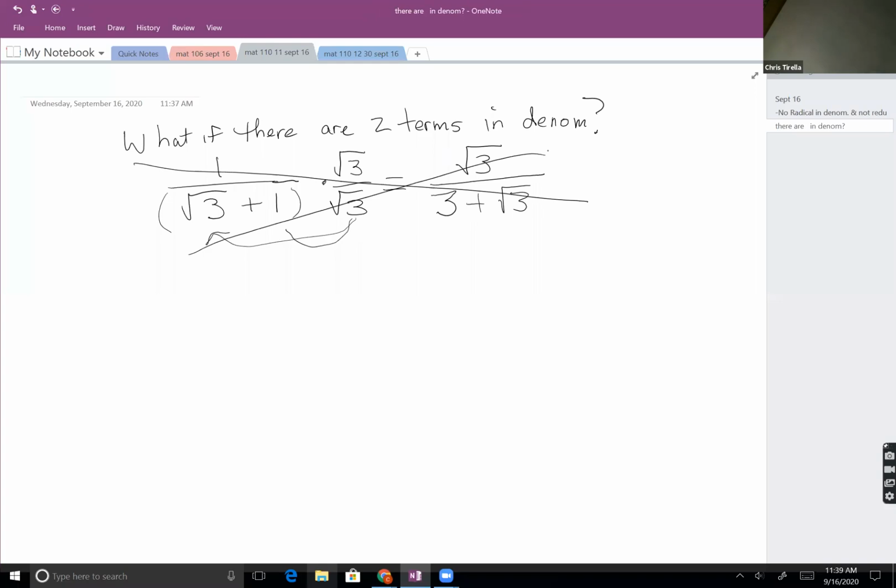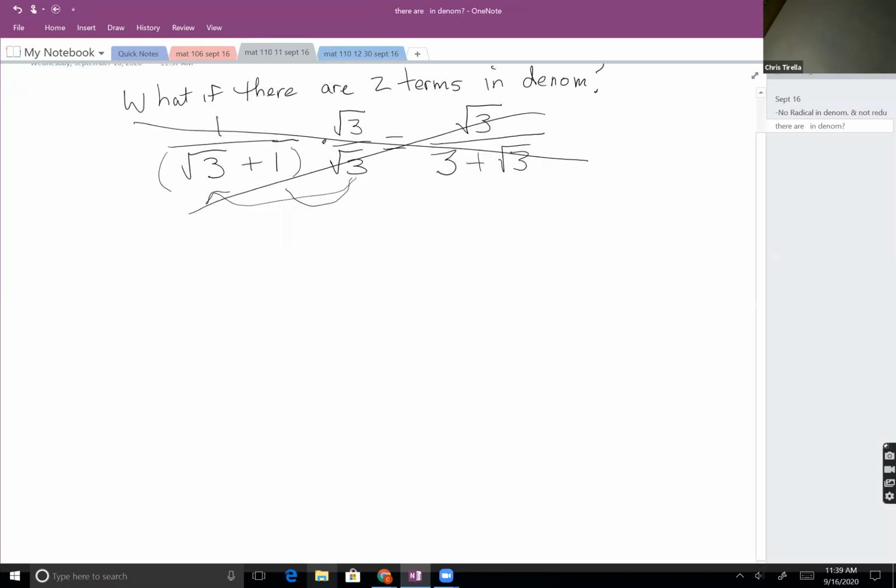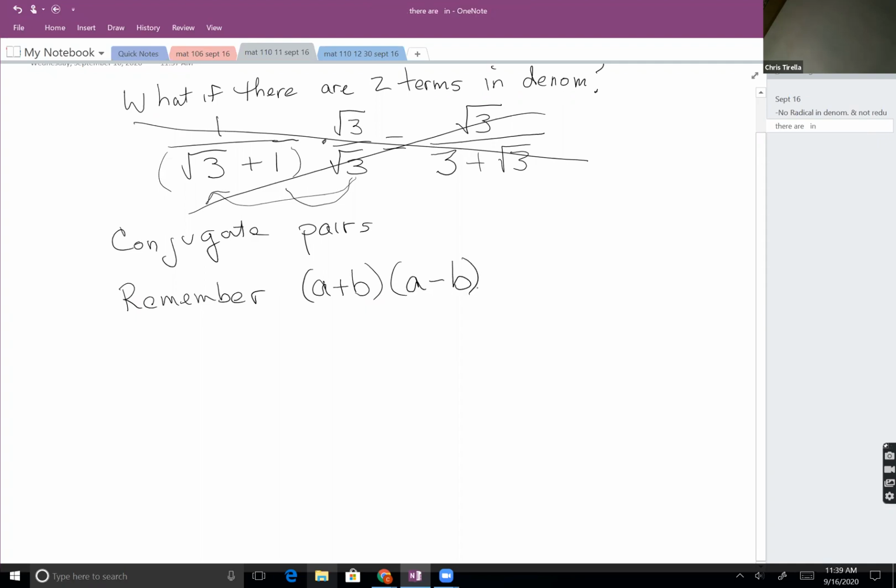In order to be able to do this, we have to define something, and that's called a conjugate pair. Before I define a conjugate pair, I want to see if you folks can remember what happens if I take A plus B times A minus B. Can anybody remember multiplying a product like that out, where we take the sum and difference of the same terms?